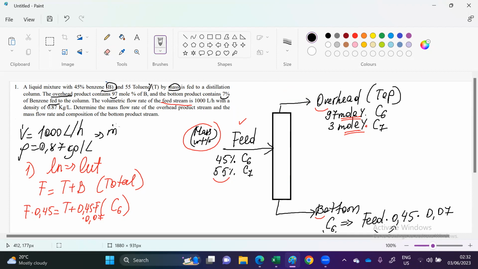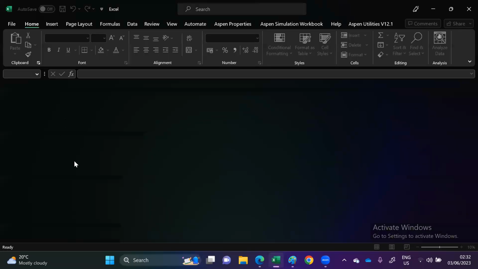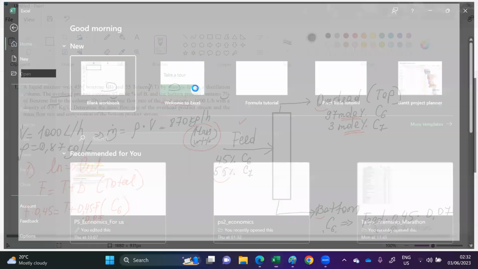As you know, the mass flow rate M is equal to rho times V dot. I need to do the multiplication. As you see, liters cancel out, and we get 870 kilograms per hour. It means my inlet mass flow rate will be 870 kilograms per hour. Let's write it in Excel as well.